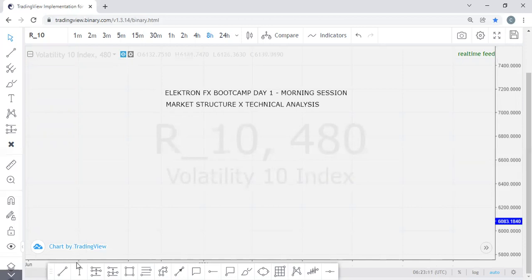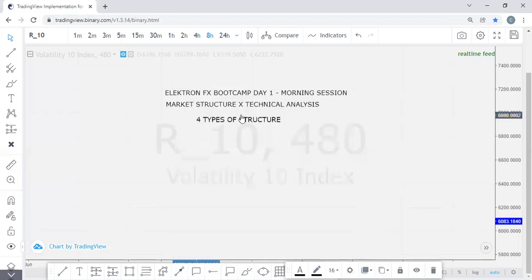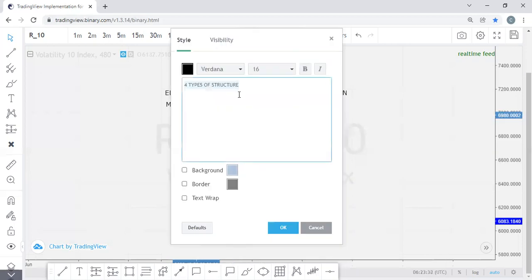And basically we have 4 types of structure. The first one we have is what we call the uptrend, right? Number 1, we have uptrend or bullish market.